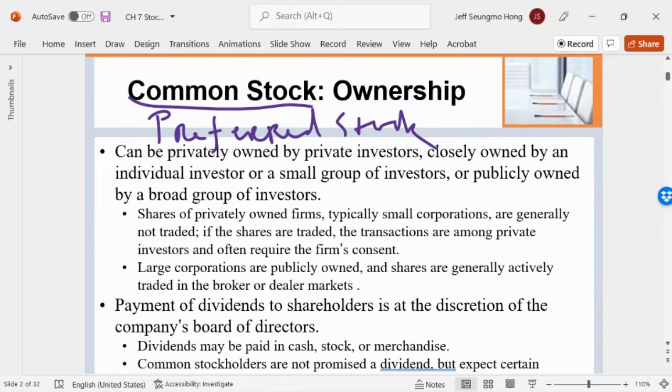Common stock is the ownership, and common stock is normally what's called equity. Equity, we already know, is the capital that came from the owners, right?